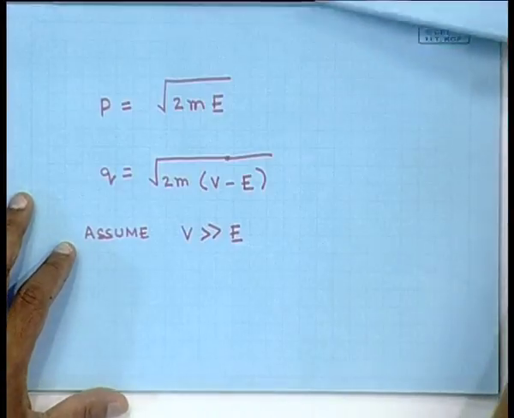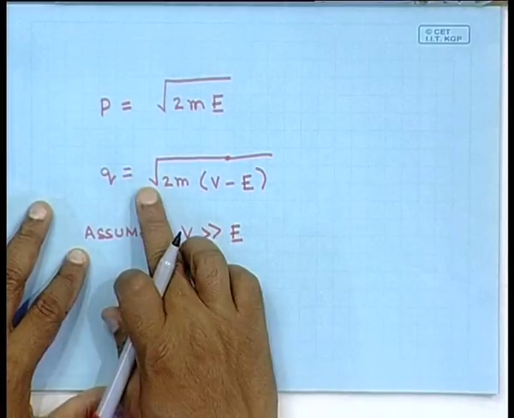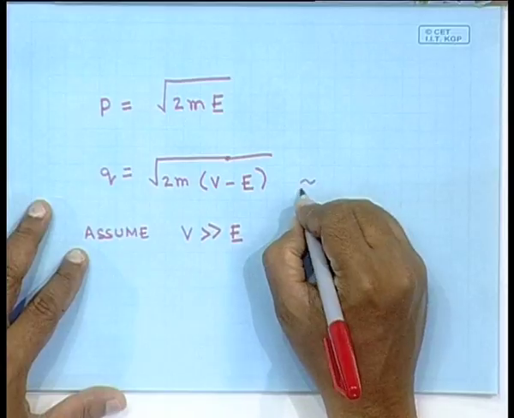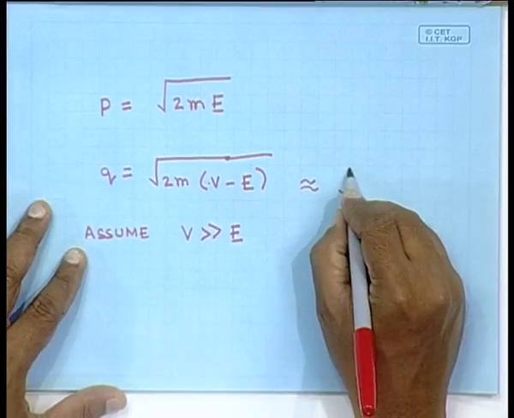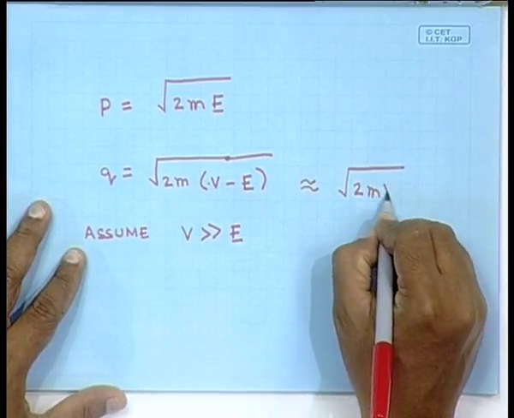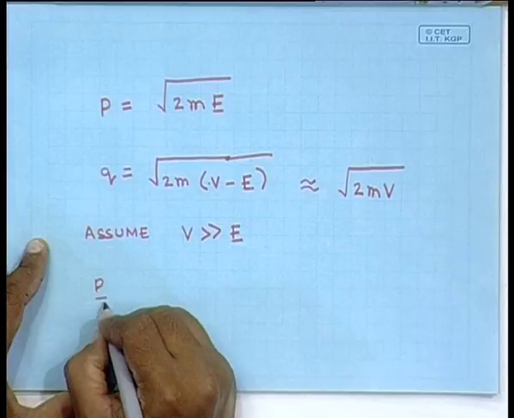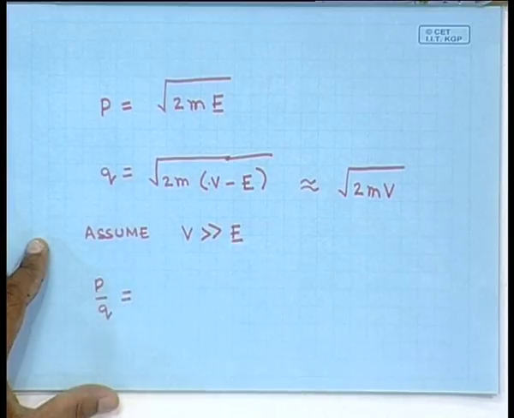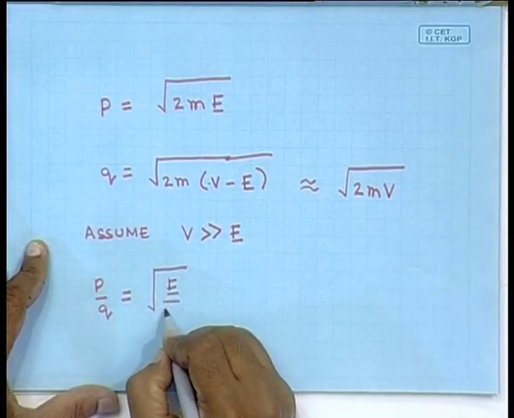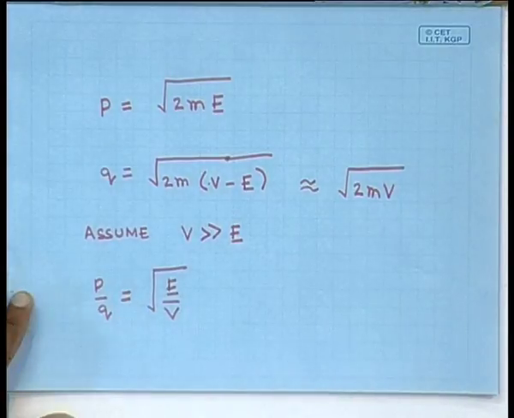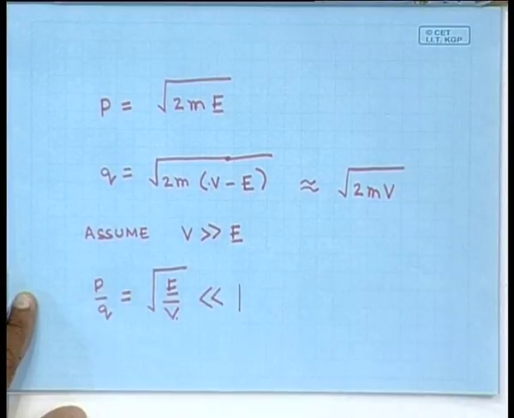Under this assumption, Q becomes approximately equal to 2mV, since V is much larger than E and I can ignore this E. And the ratio P by Q is now equal to the square root of E by V, and since we have assumed that V is much larger than E, this ratio is much smaller than 1.